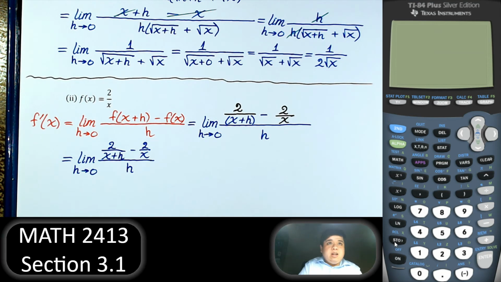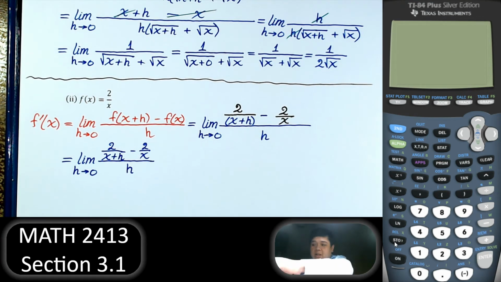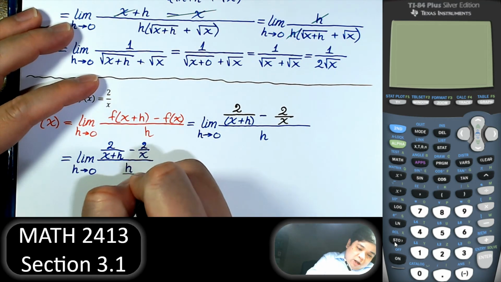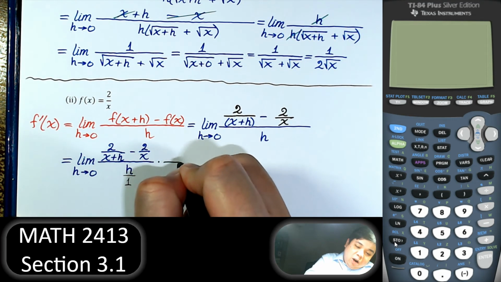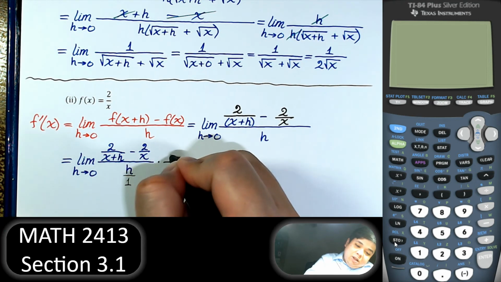To simplify this, we have a complex fraction like this. First, we write h over 1, so we have fractions everywhere. To simplify this, we multiply top and bottom by the least common denominator. We have x and x plus h.